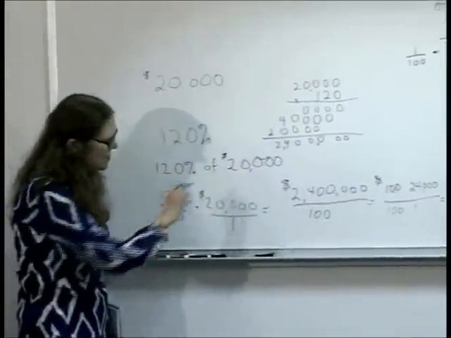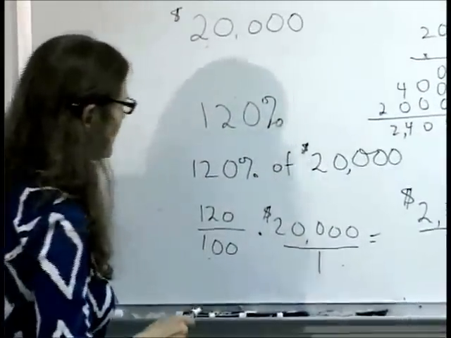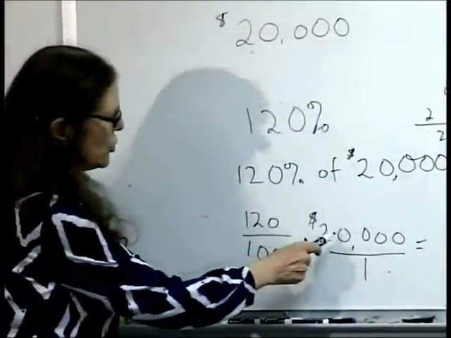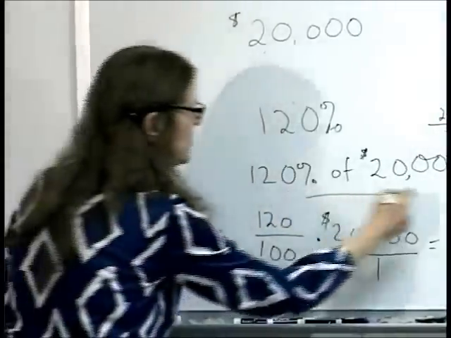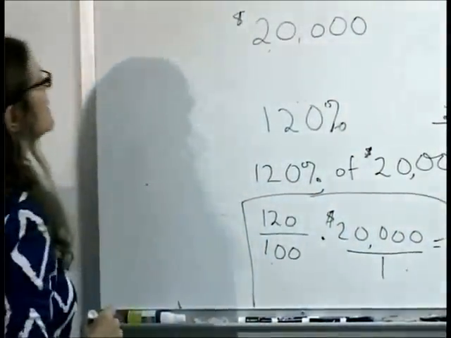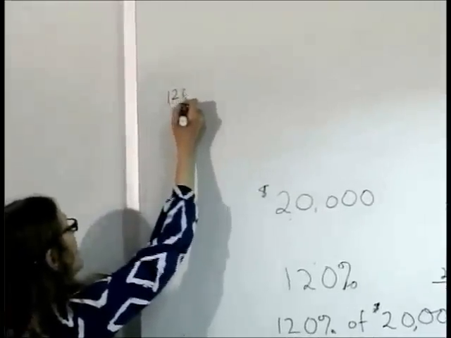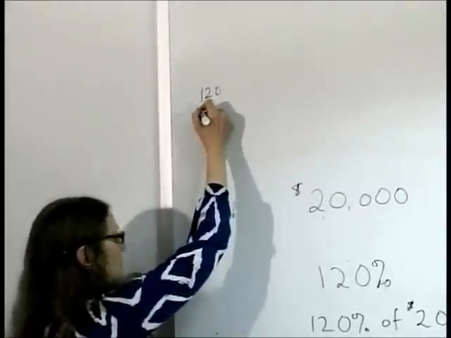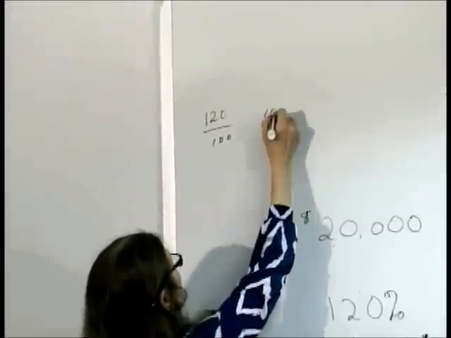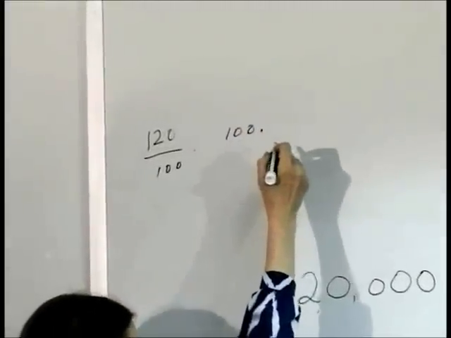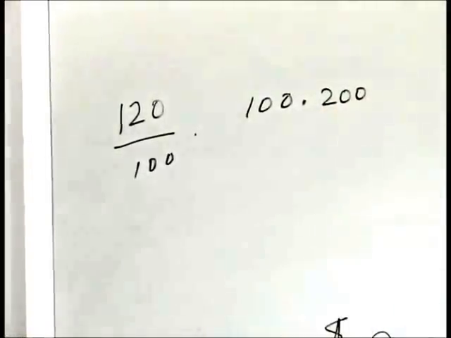I could have made this big multiplication, which was kind of awkward, a little easier for myself if I went ahead and said 20,000 is the same thing. I could have written, from this point, I could have done the problem like this. I could have said it's 120 over 100 times 100 times 200, right?